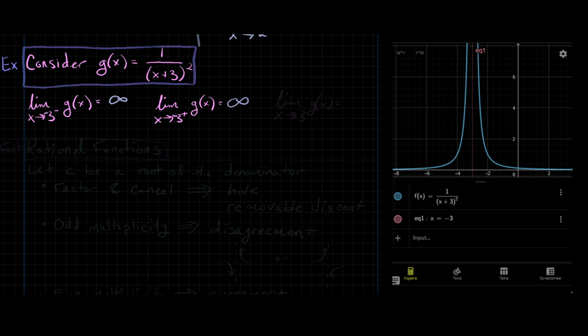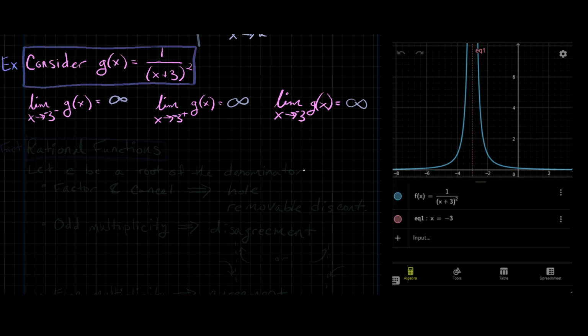Now these two things agree. Unlike the last example, they agree. And so we can talk about the two-side limit as x goes to negative 3. We can say that that limit is infinity. The two-side limit is infinity.